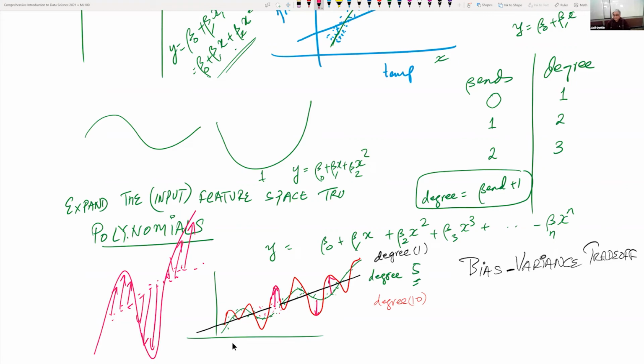So what happens is, less flexible model and less complex model, and this is a more flexible or more complex model.